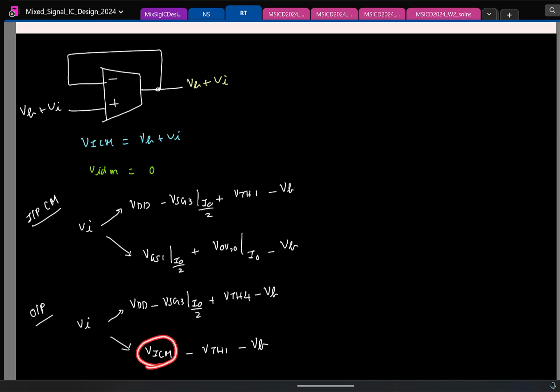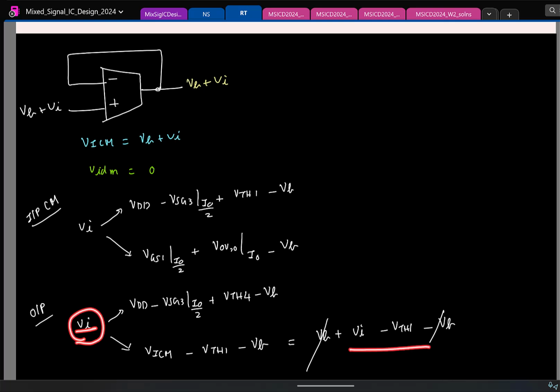And what is VICM in the circuit? VICM is basically VB plus Vi. Fine. So let's substitute this. If I substitute this, I get VB plus Vi minus VTH1, minus VB goes off. So basically this limit says that my Vi has to be greater than Vi minus VTH, correct?